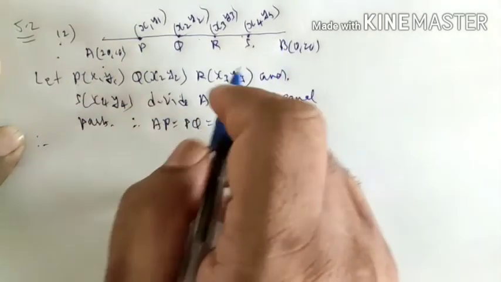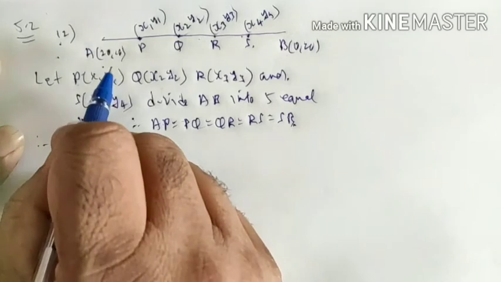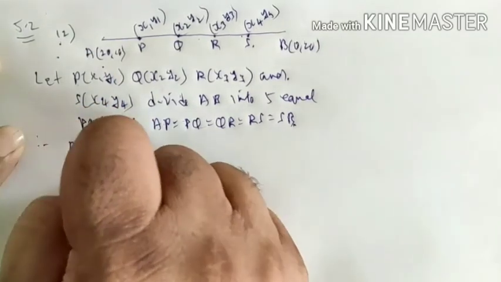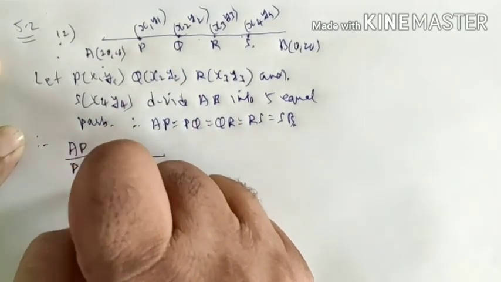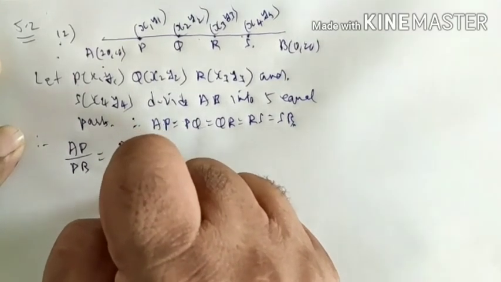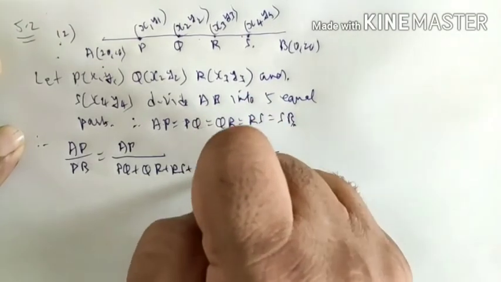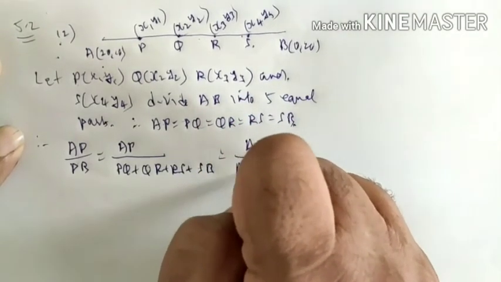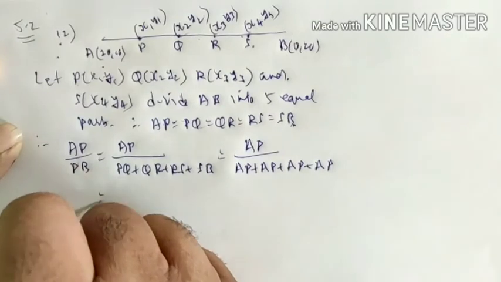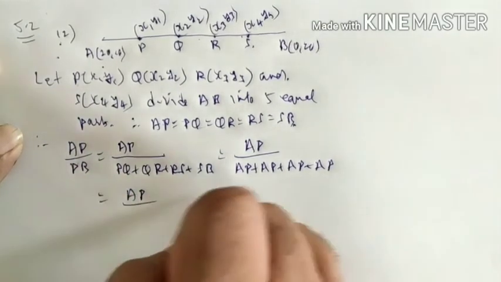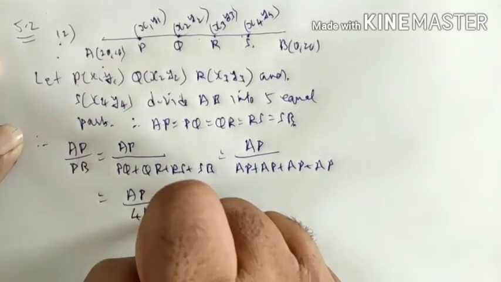Therefore, tell me what is AP upon PB? AP upon PB will be equal to AP upon, see PB can be written as PQ plus QR plus RS plus SB, which is equal to AP upon AP plus AP plus AP plus AP, which is equal to AP upon 4AP, which is equal to 1 upon 4.